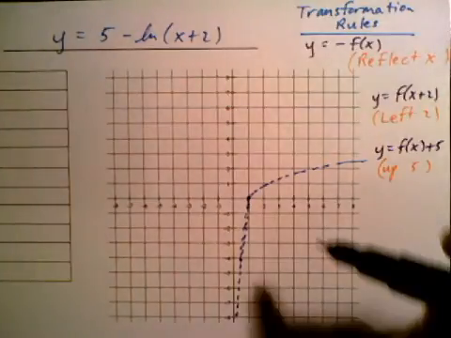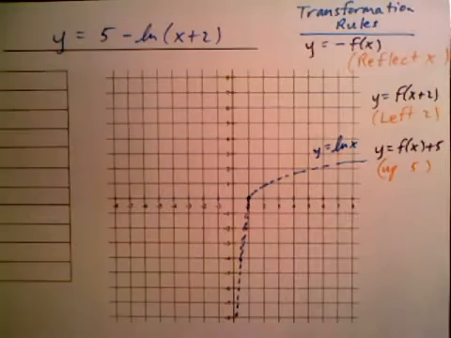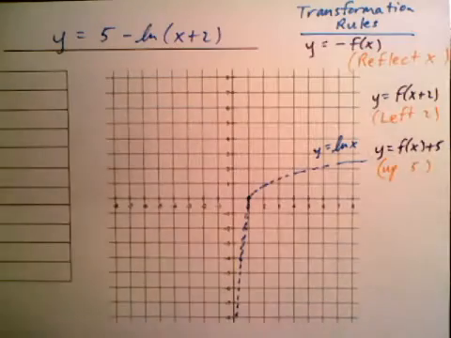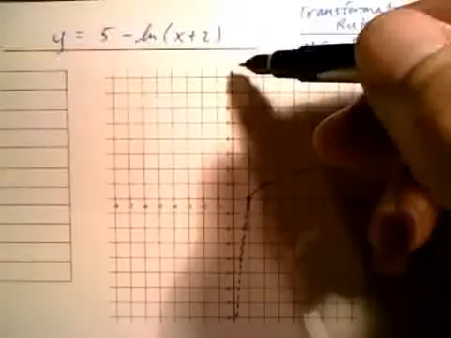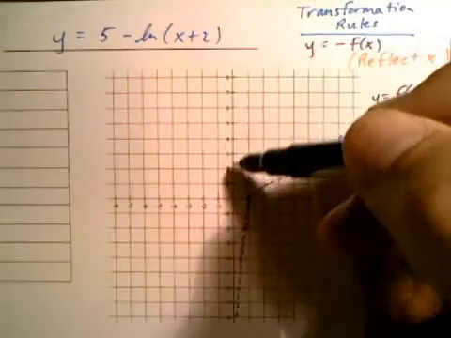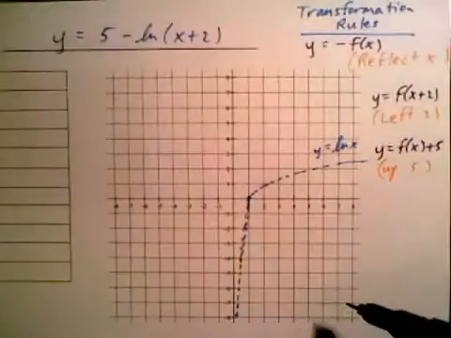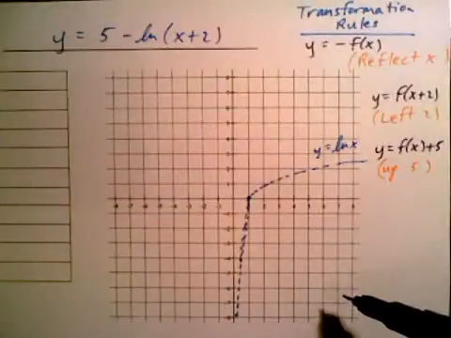I always draw them pretty sloppily when I'm drawing them dotted, but nevertheless that is what the graph of the ln looks like. And keep in mind that y equals ln of x has a vertical asymptote at x equals 0. So the y-axis is the vertical asymptote for the log functions.